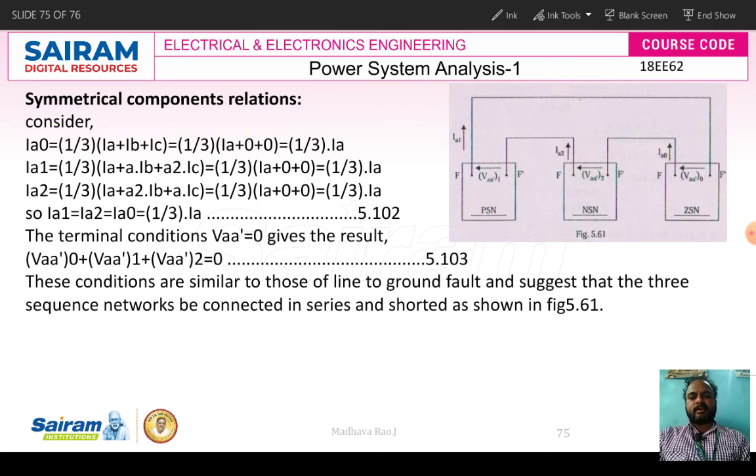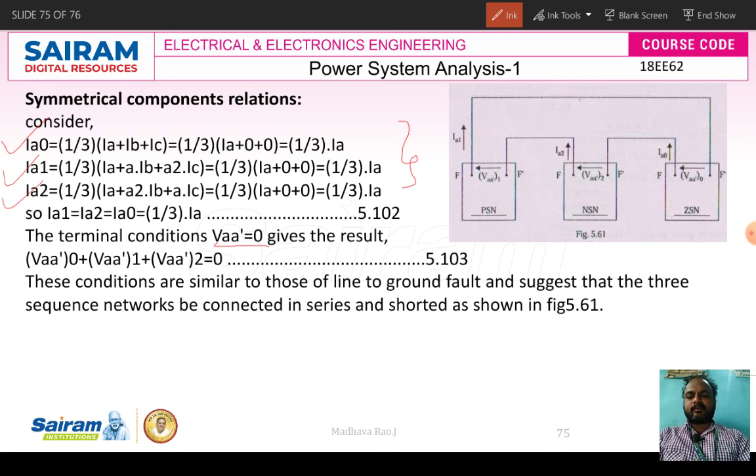First the currents. IA0, IA1, IA2 are the symmetrical components of current in the two conductor fault, and all are equal to 1 by 3 IA. The terminal voltage of A is zero, that is VAA dash is equal to 0.